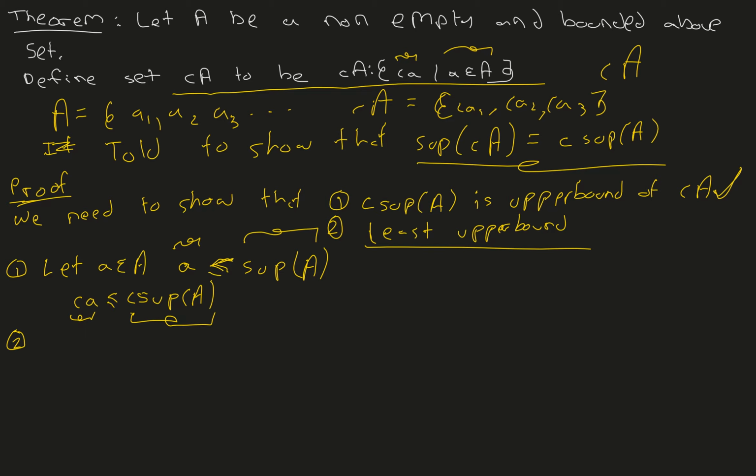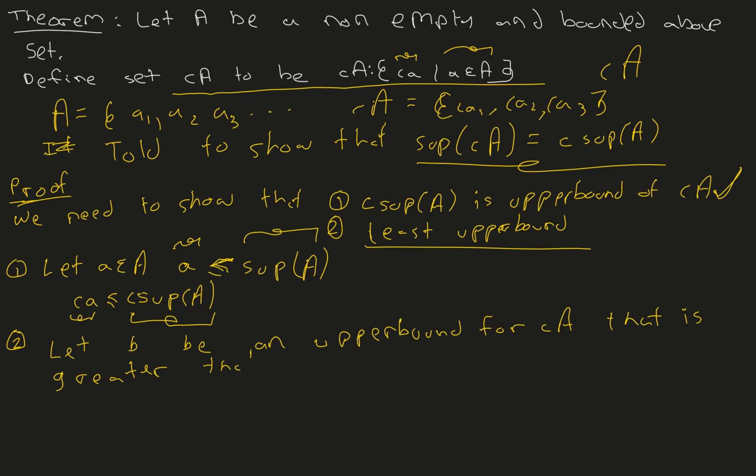So let B be an upper bound for CA that is greater than C sup A. So let B be an upper bound.